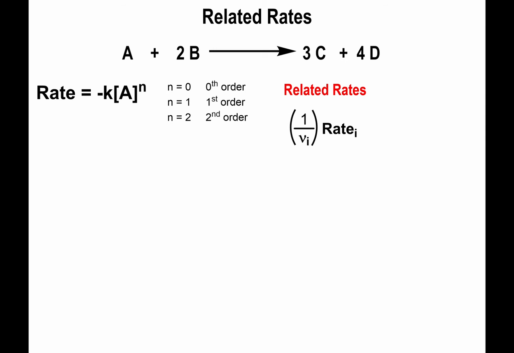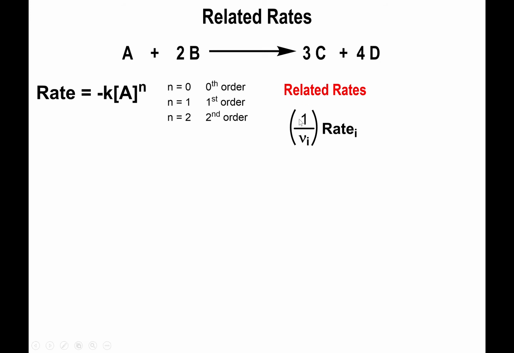So what we do is simply divide each one of the rates, the rate of A or the rate of B or the rate of C or the rate of D, by its own balancing coefficient to basically calibrate everything to the same base value.